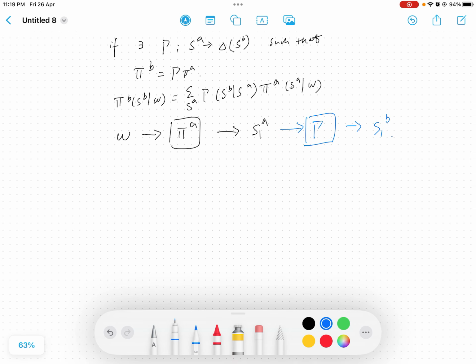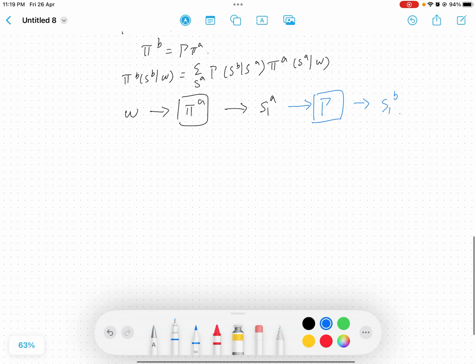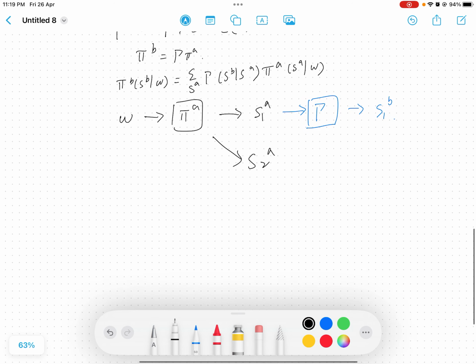This is not the only path. Pi a also sends out, let's say, S2a in our example.